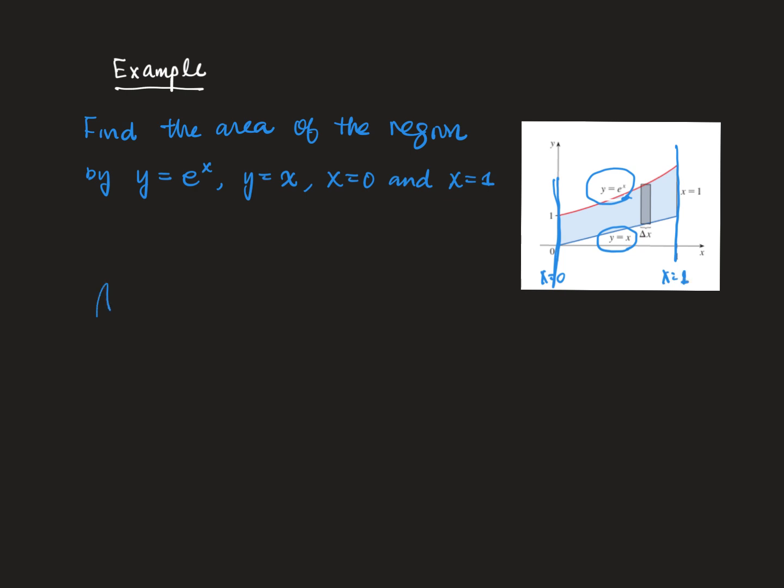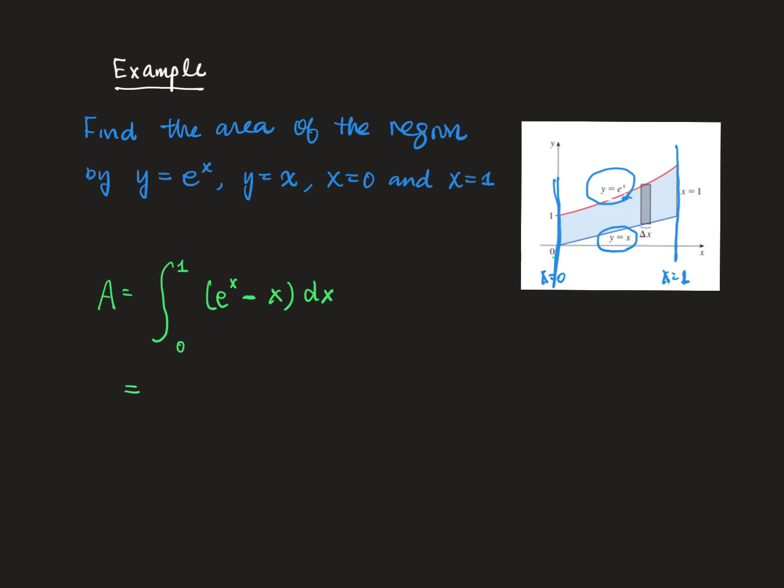The area is going to be the integral, start point 0, upper bound 1, of the upper curve e to the x minus the bottom curve x, and the base is dx. Let's find the area between the two curves, okay?